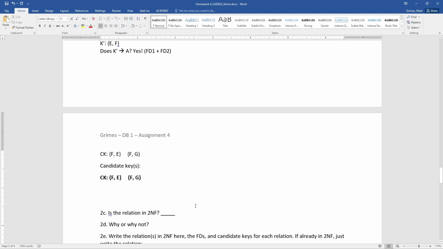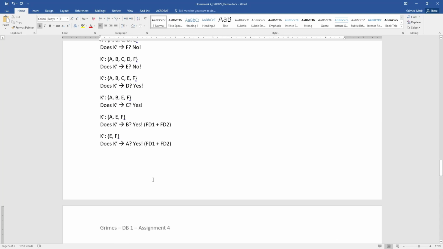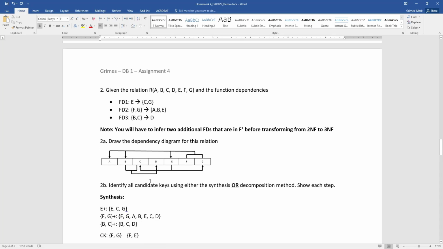Now, is the relation in second normal form? Again, a violation of second normal form is when we have a partial dependency, or any non-key attribute that is being determined by just a part of one of these candidate keys. So if we have just F, E, or G as a determinant, that is going to be a problem.